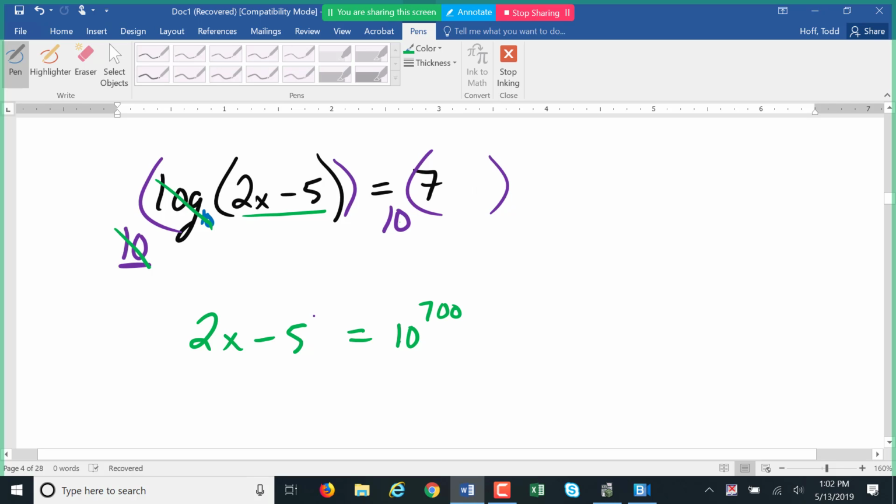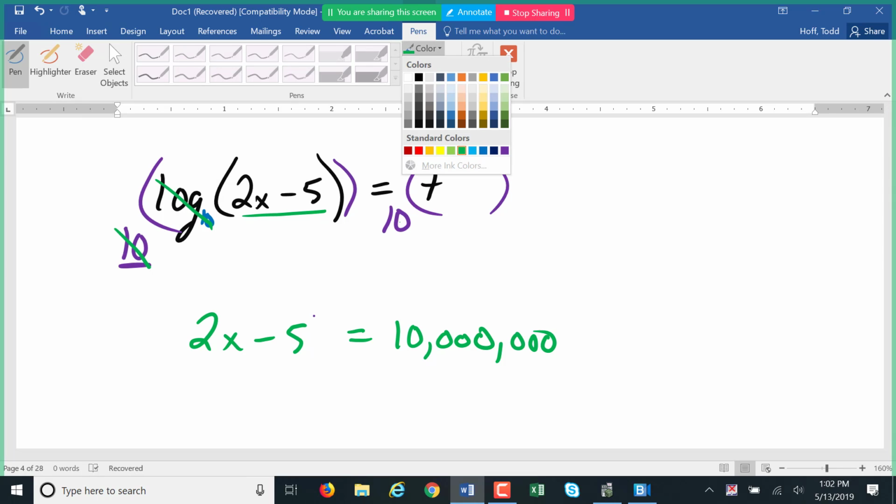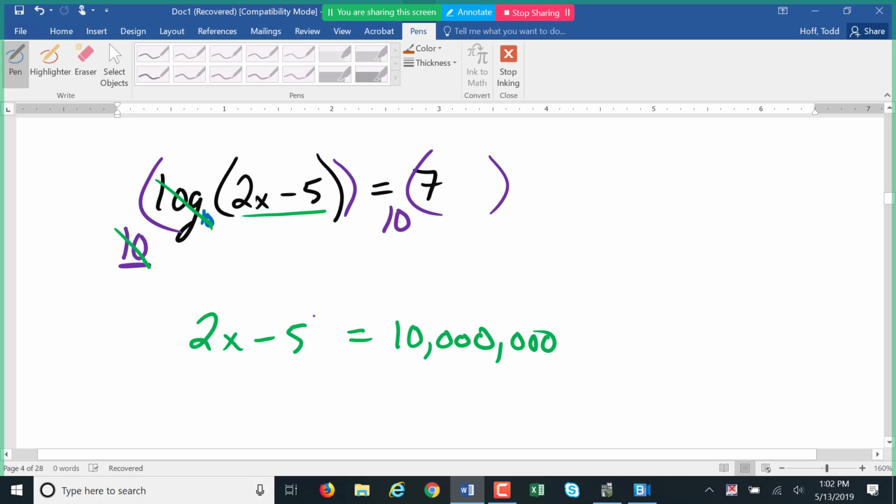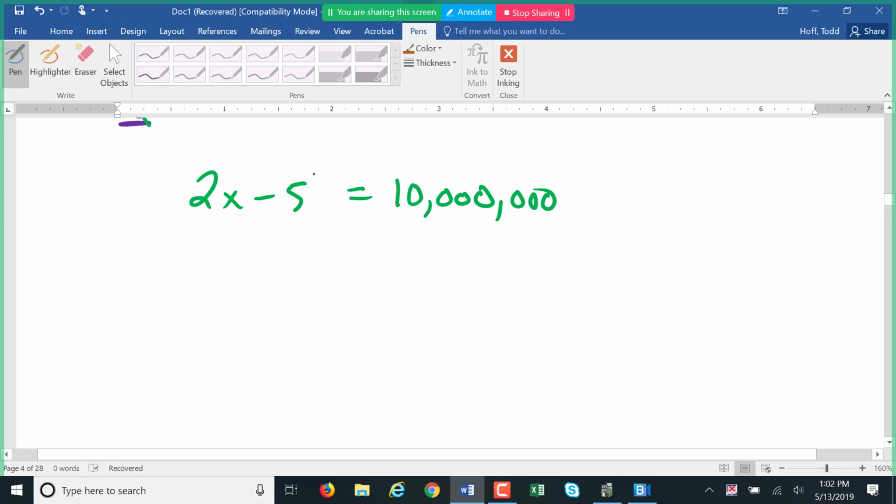I'm going to take my zeros off so that we can actually work with it. 10 to the power of 7 is still 10 million. Now, I solve for x by adding 5.